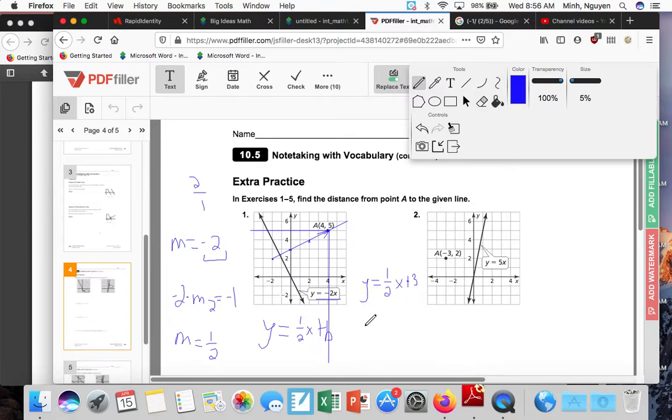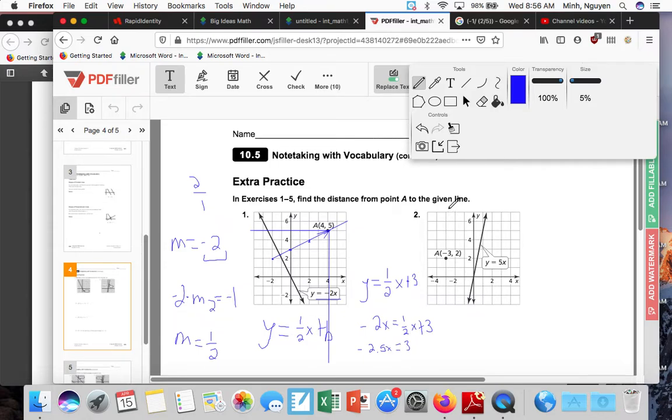So I could say -2x equals 1/2 x plus 3. If you solve it, you will get the x value, and once you get the x value, I'll just show you. Subtract 1/2 x from both sides: -2.5x equals 3.